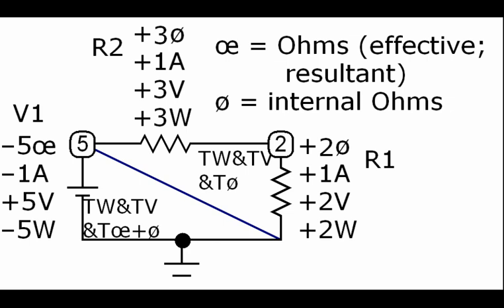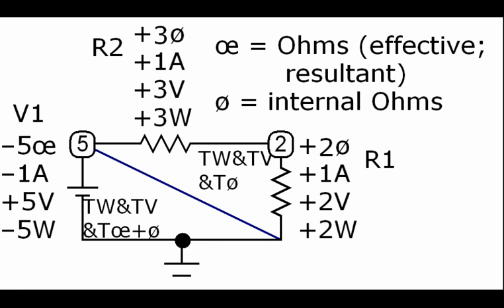Everything has to make sense. So now the wattage would be the 5 positive volts times the 1 negative amp, which gives us a negative 5 watts. So it's a negative watt instrument. Meanwhile, the total wattage of the two resistors is positive 5 watts. The total resistance of the two resistors is positive 5 ohms.